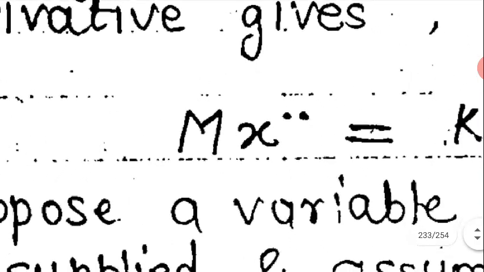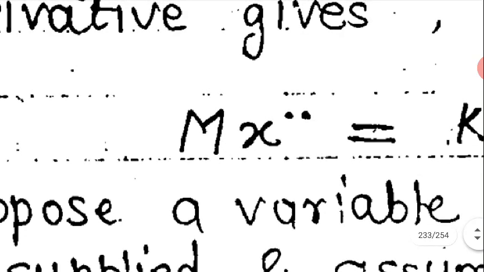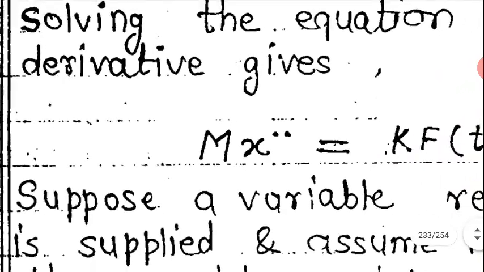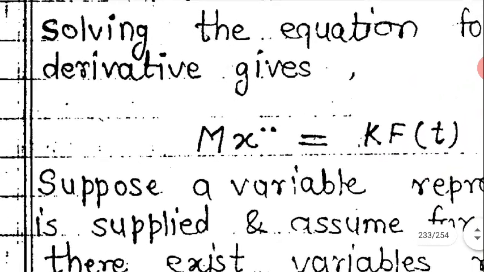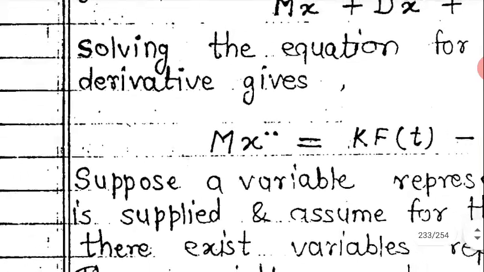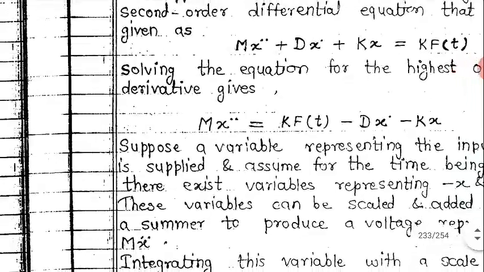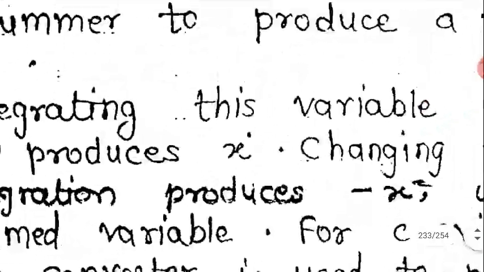If we integrate this with respect to dt, then m and 1 by m will get cancelled, and x double dot will reduce to x dot, that is dx by dt, and it will be written as x dot.